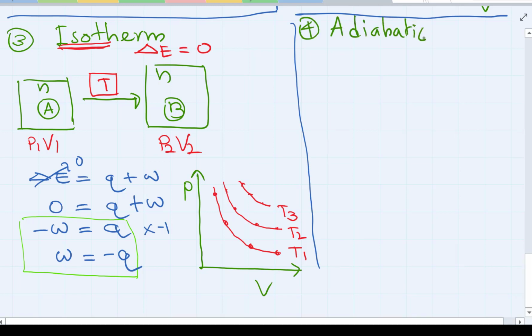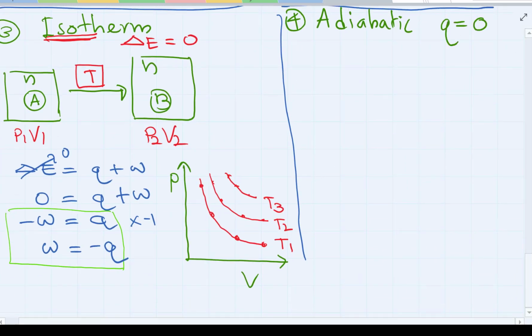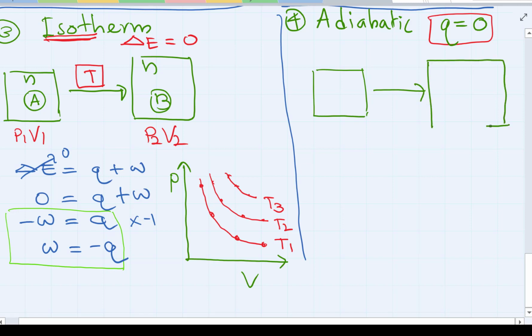And the last one is adiabatic. The Q is 0. You do it carefully so there is no heat loss or gain. That's the 0 here. Now A to B, 2 states, with the same number of moles of gas n.